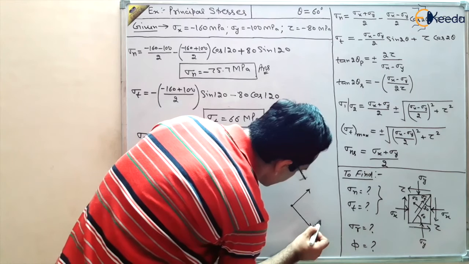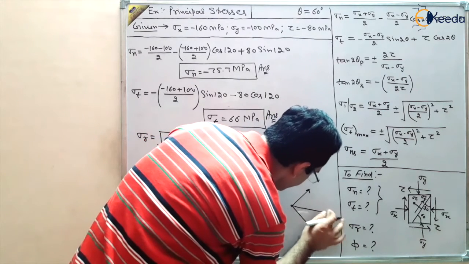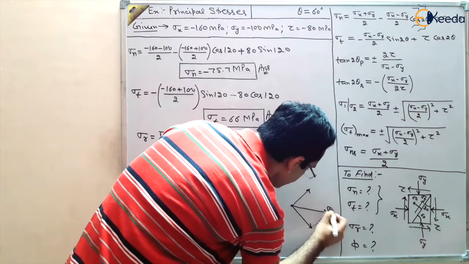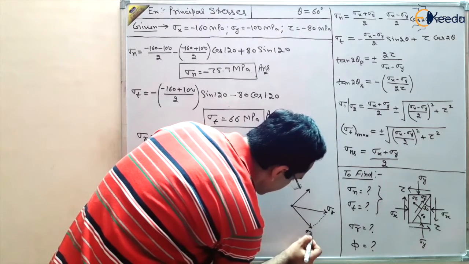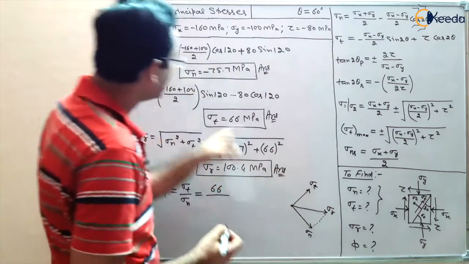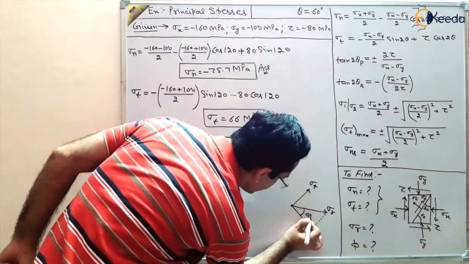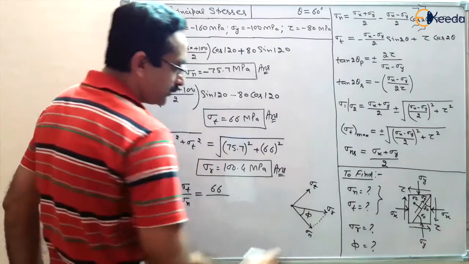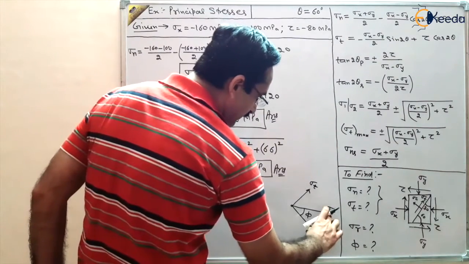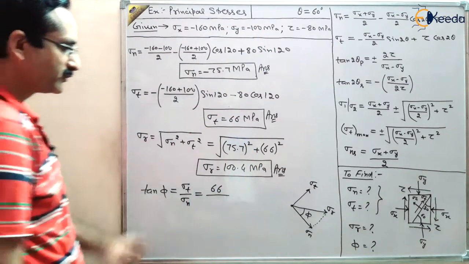So this will be the resultant: this is our sigma r, this is sigma n, and this is sigma t. We have reversed the direction of sigma n because it is negative. This is the angle we have to find out, and because this is sigma t, the parallel one will also be sigma t. So we put sigma t by sigma n, using the magnitude 75.7 since we reversed the direction.